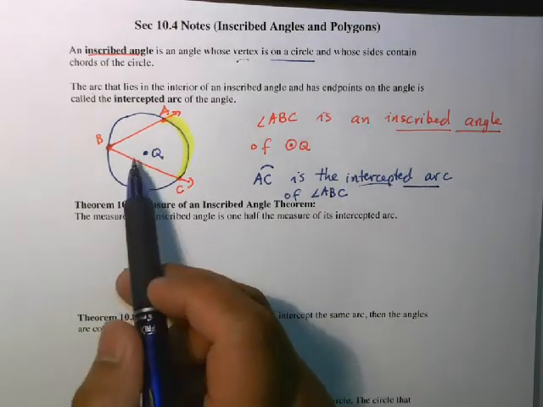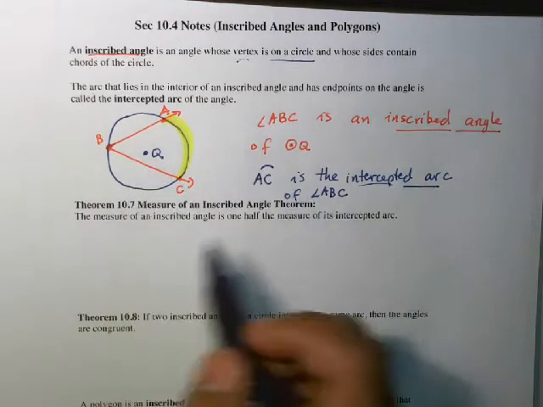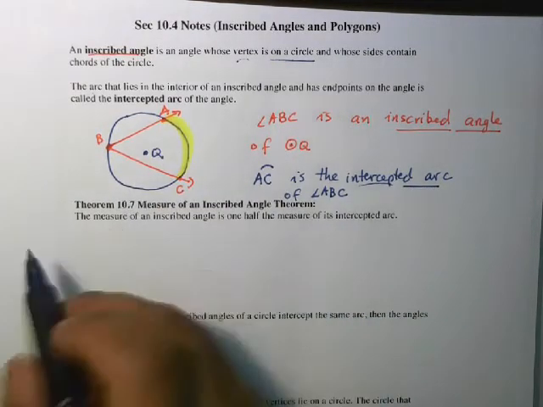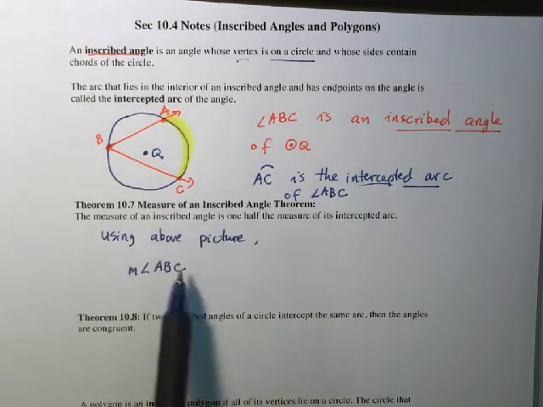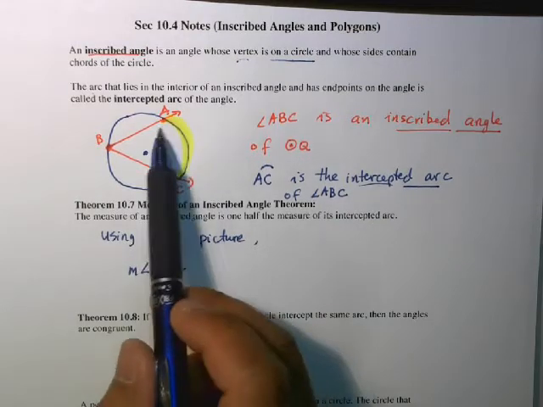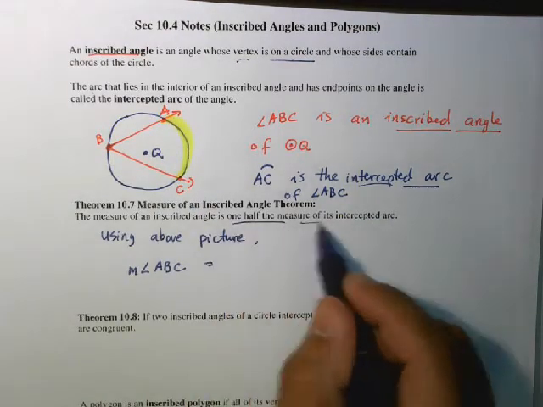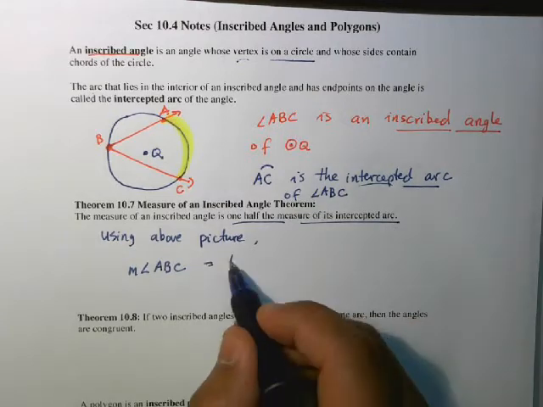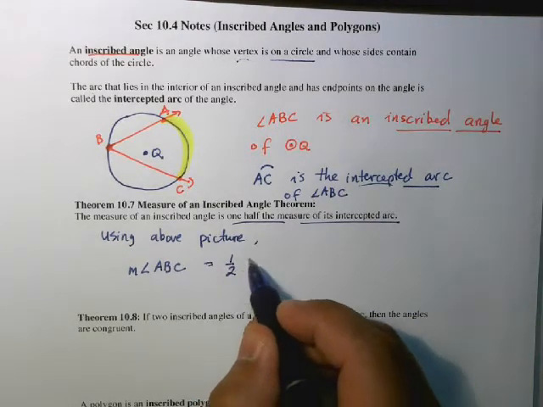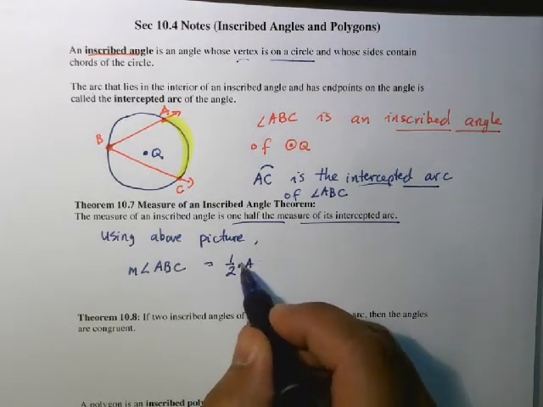So in other words, looking at the picture above, the measure of angle ABC, that's the inscribed angle here, is equal to 1/2 the measure of its intercepted arc. So 1/2 the measure of arc AC.